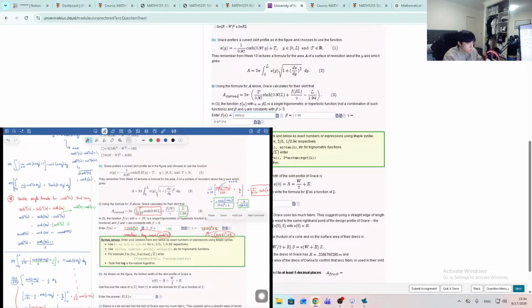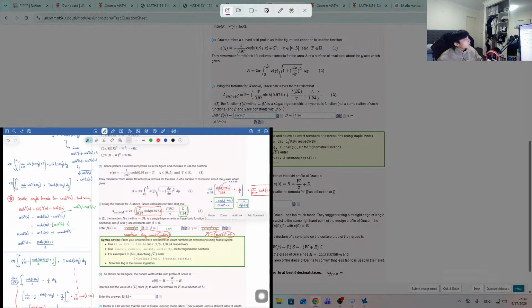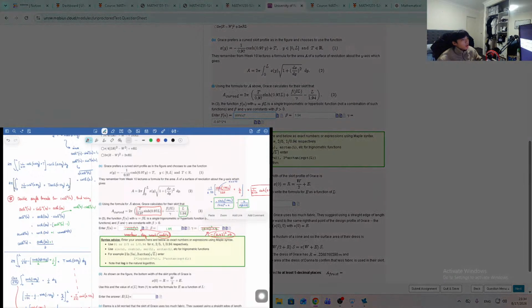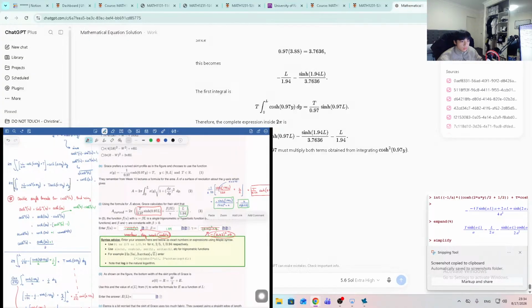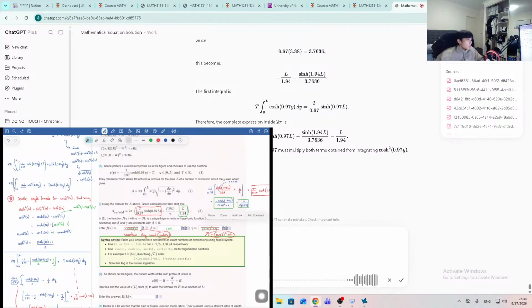Could I do sine u cos u? How can I integrate in Maple?